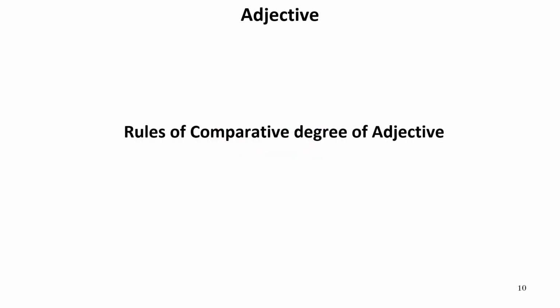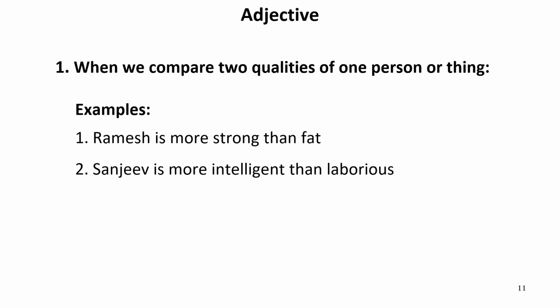Now we'll read the rules of comparative degree of adjective. So let's begin. The first rule is when we compare two qualities of one person or thing. When we compare two things using comparative degree of adjective, comparison can be seen.